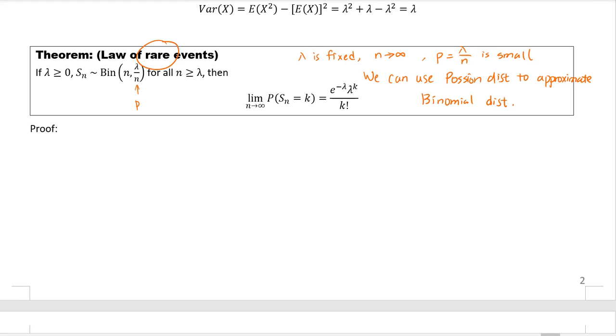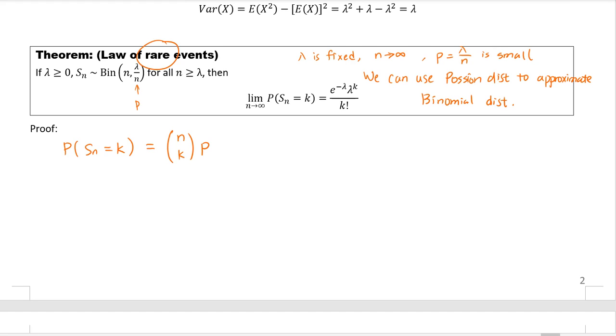Alright, let me show you the proof. The probability of Sn equals k. This is the PMF for the binomial distribution, so we have a formula for it. We have k successes in n trials, so we have n choose k.